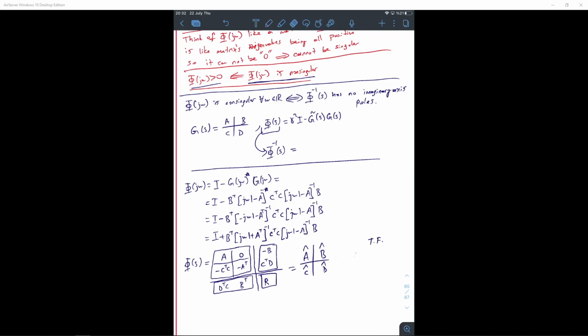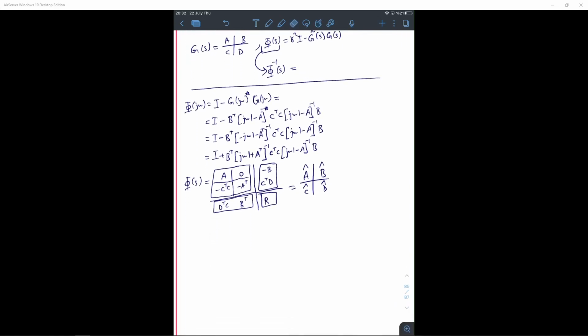So by using, where is it? There was some inequality I was using a little while ago. Okay, perfect.